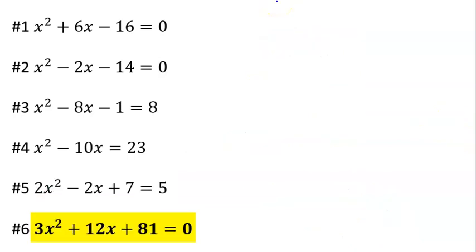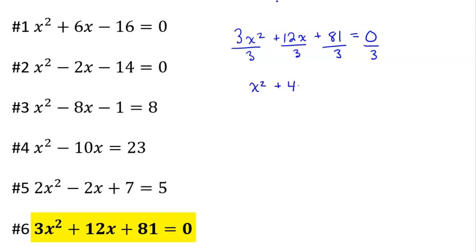All right, last one. We have 3x squared plus 12x plus 81 equals 0. I can see that I don't have 1 in the front, so I'm going to divide everything by 3. And I get x squared plus 4x.